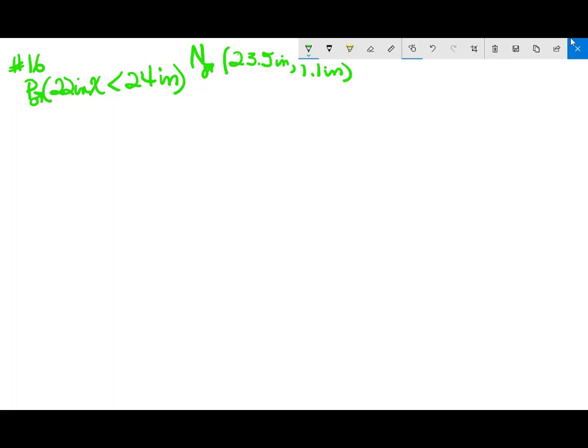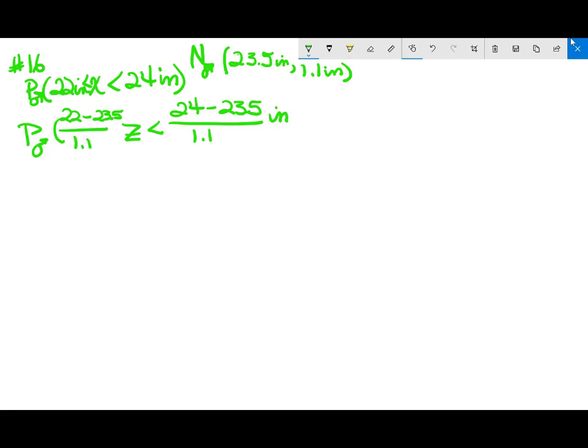Okay, so this is a betweener. So the first thing I want to do is find the probability that my z-score is between 24 minus 23.5 divided by 1.1, and my units will be inches, and 22 minus 23.5 divided by 1.1.